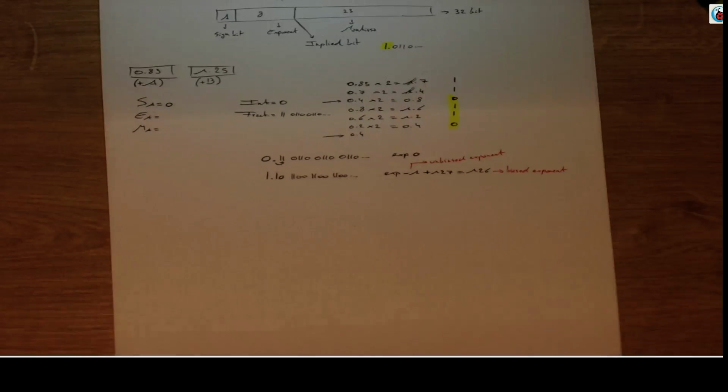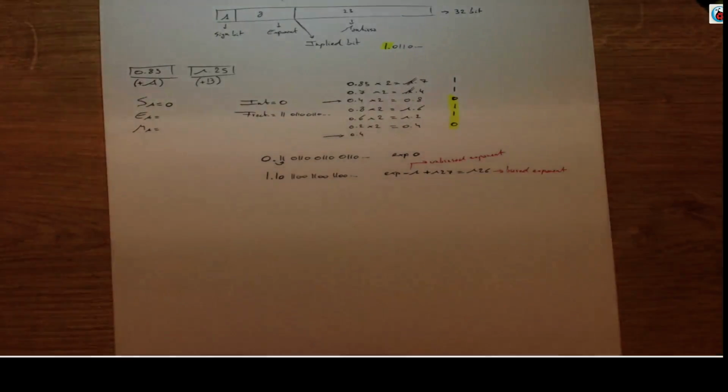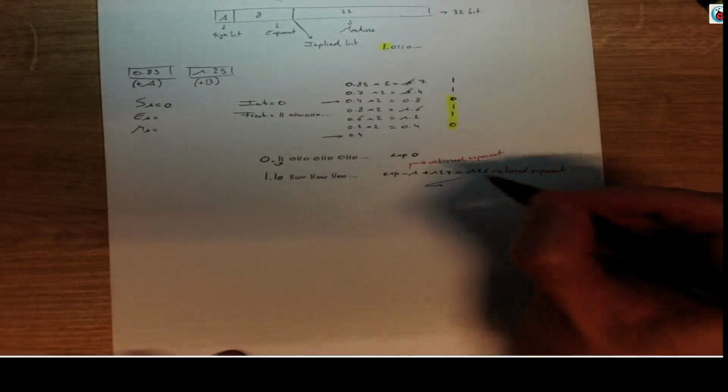So if you want to use it, you need to unbias it, and of course you can simply do that by doing -127 instead of +127. But if you want to store it, you need to bias it. And 126 in binary is 01111110. This is the exponent in binary that we will store inside the exponent component in our IEEE format.